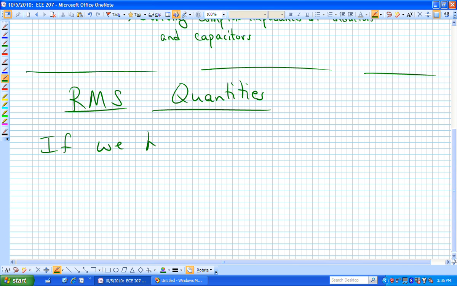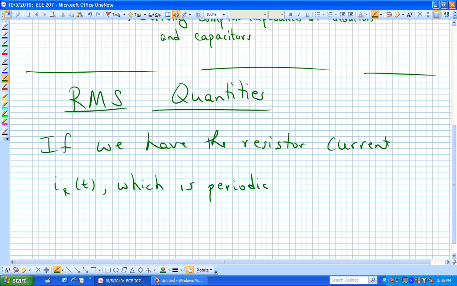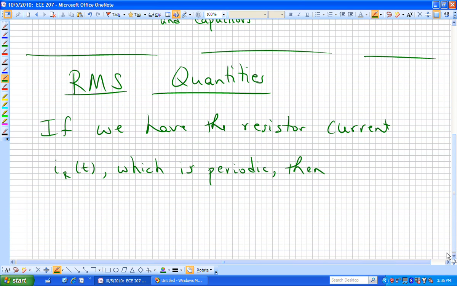If we have the resistor current, let's say i sub r of t, which is periodic, and that periodic signal does not have to be a sine wave, but we will subsequently to this first piece typically specialize these currents and voltages to be sinusoidal.